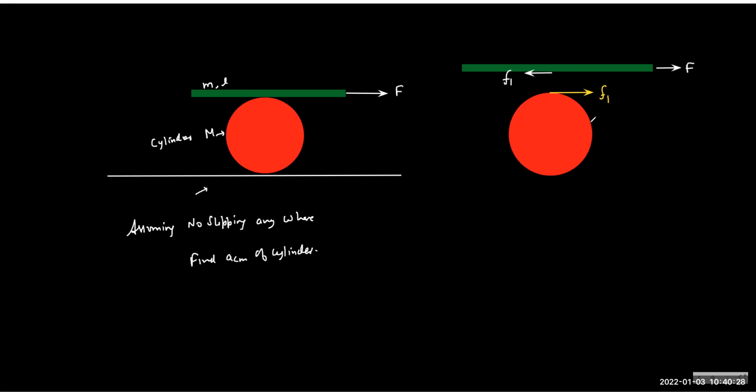And we know that if you apply force on a disk at the topmost point, it will have alpha much bigger than ACM, if you remember that friction analysis. So the bottom will try to go backwards, and the friction at the bottom will also act forward. Although it doesn't matter, if you know this, you should apply it.